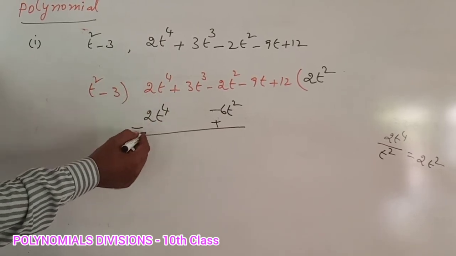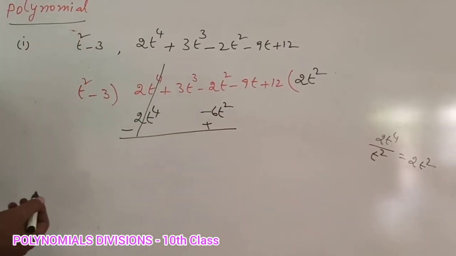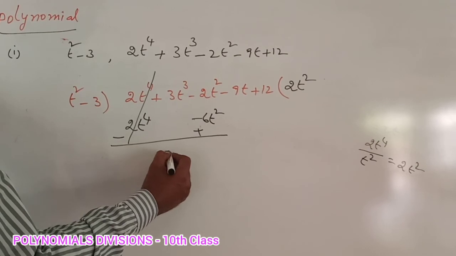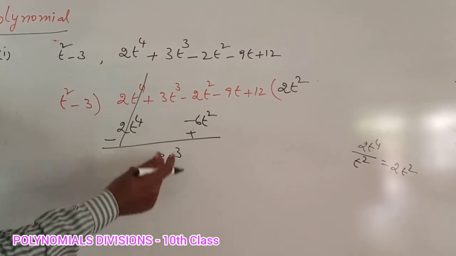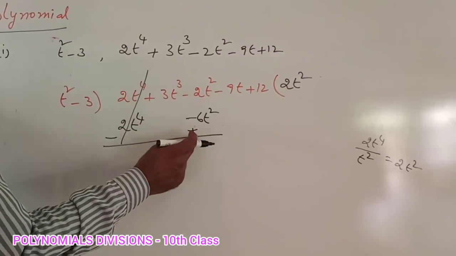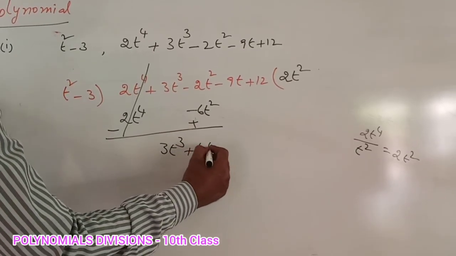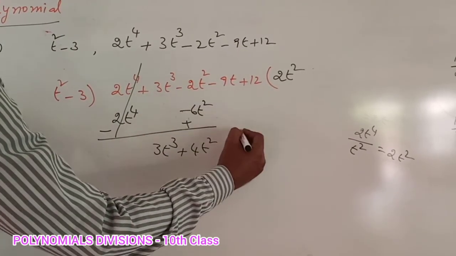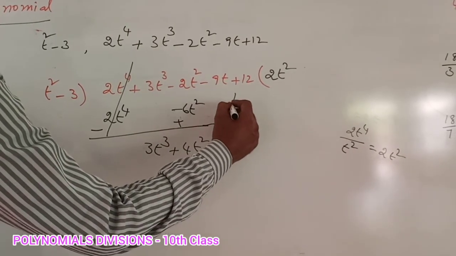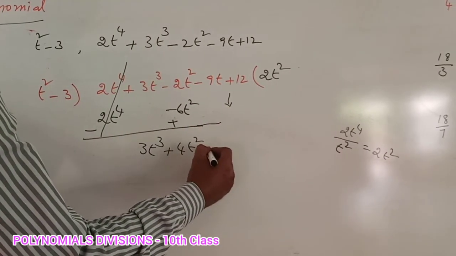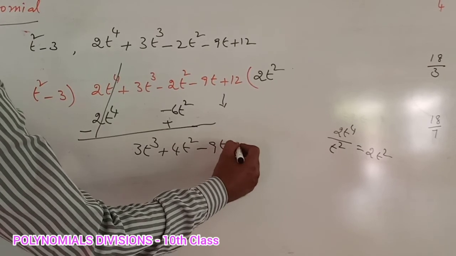Plus 2t to the power of 4 minus 2t to the power of 4 cancel. Remaining value 3t cube. Minus 2t square plus 6t square is 4t square, and bring down minus 9t plus 12.